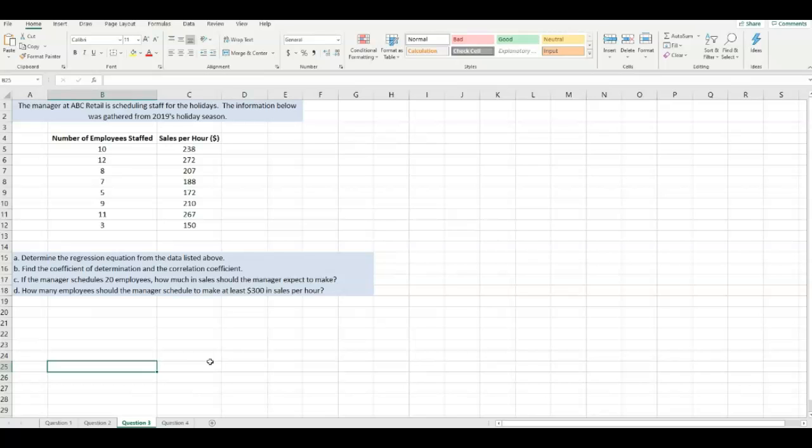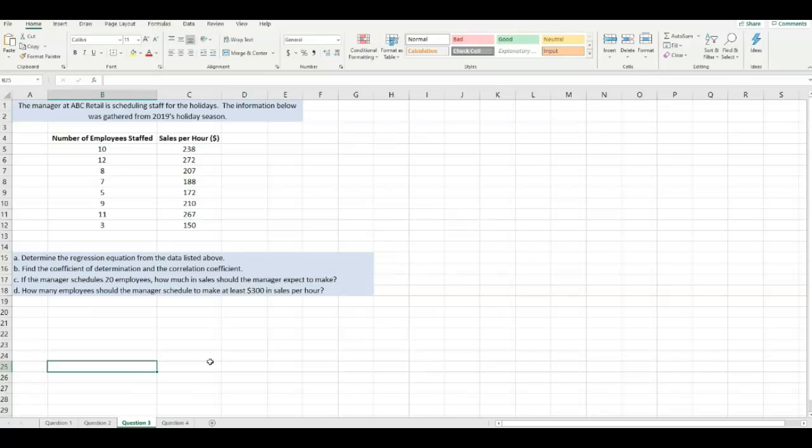We first need to figure out the regression equation. Then we need to find the coefficient of determination and the correlation coefficient. And then we need to solve for a few things. First, if the manager schedules 20 employees, how much in sales should the manager expect to make? And then, how many employees should the manager schedule to make at least $300 in sales per hour?